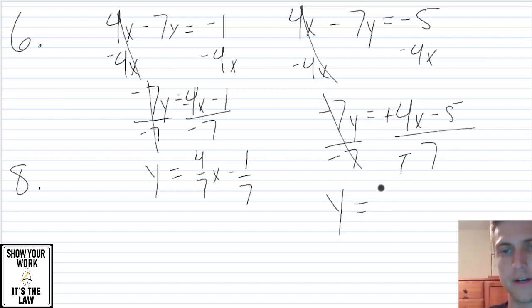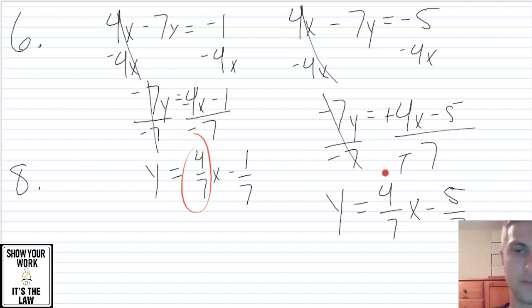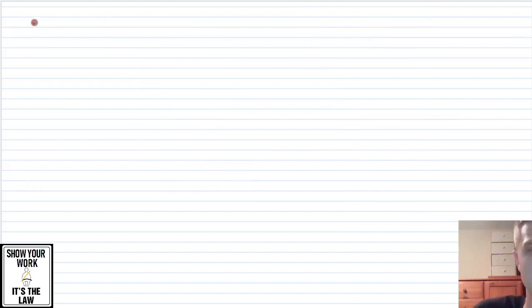So negative 4 divided by negative 7, negatives cancel, we got 4 over 7. The x, nothing divides that out, and negative 5 over 7. Right, the question is, are the slopes the same, or are the lines parallel? Meaning, are the slopes the same? That's 4 over 7, that's 4 over 7. Yes, the lines are parallel.